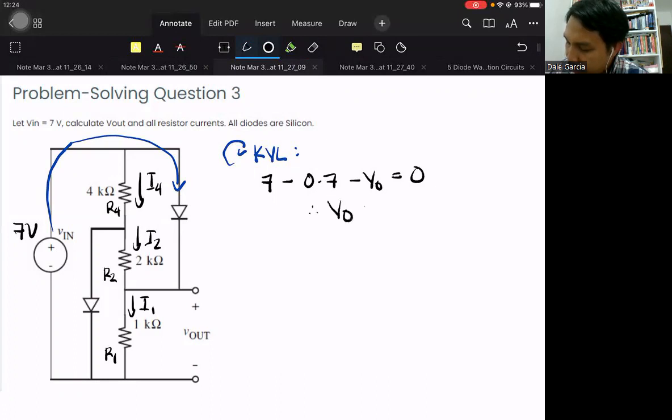Therefore, Vo is equal to 6.3 volts. Okay, that is Vo.